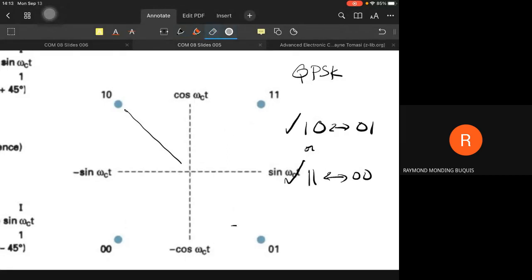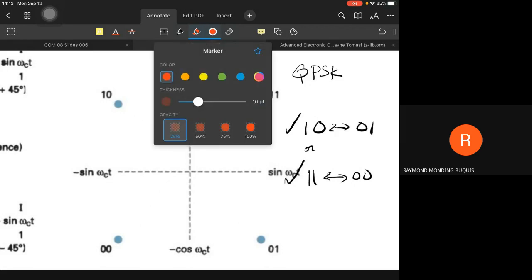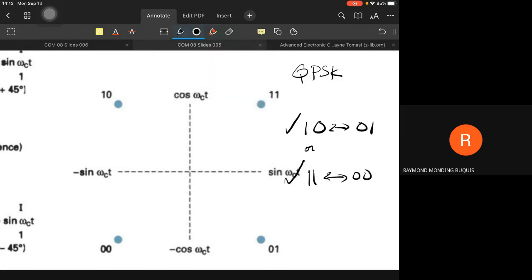But with these transitions, two bits change, so it is not like Gray code. And more than that, what we really want to avoid is crossing the origin, zero. Zero crossing is what it's called, and they don't want that.